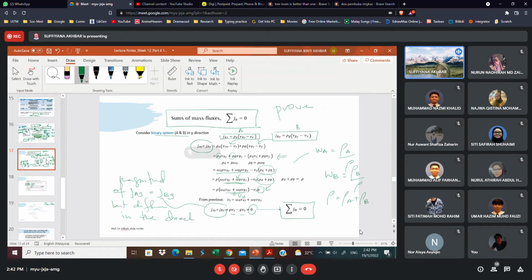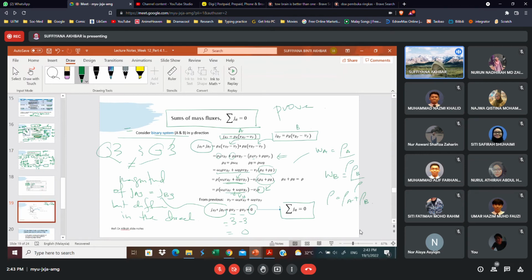For example, JAY the magnitude is 3, but for the JBY the magnitude also 3, but different direction. That's why it become 0. So 3 and negative 3. Magnitude dia sama, tapi direction berbeza. Itu maksud dia.